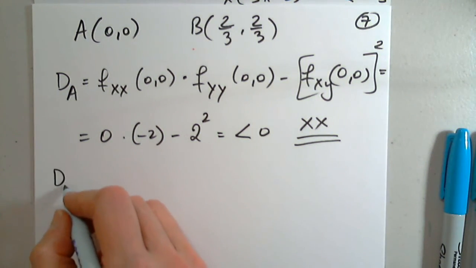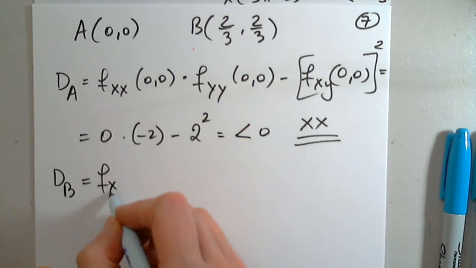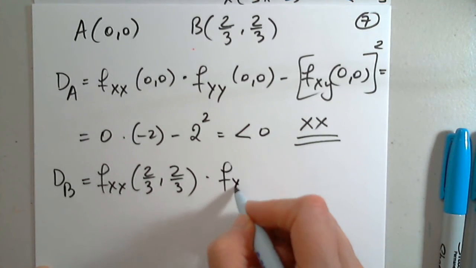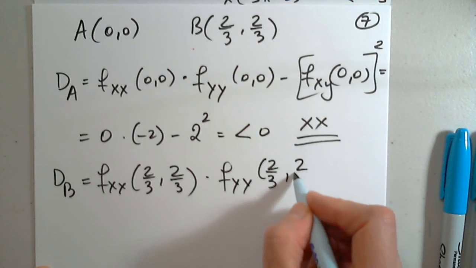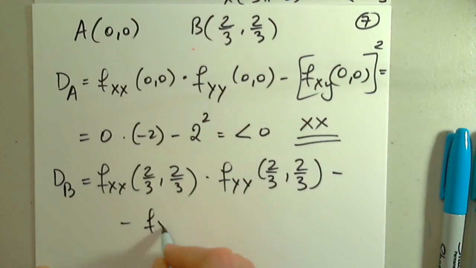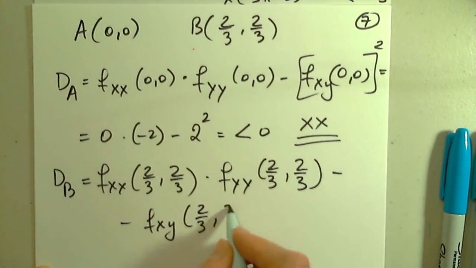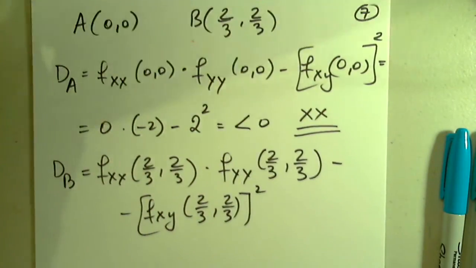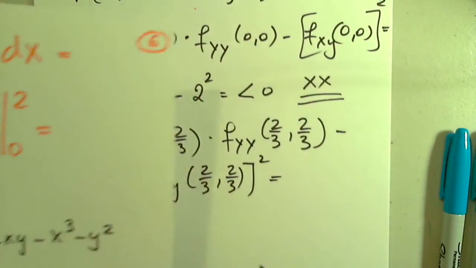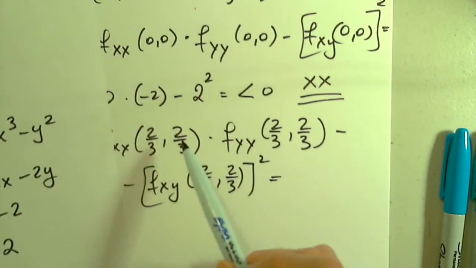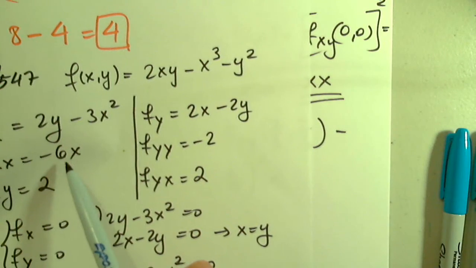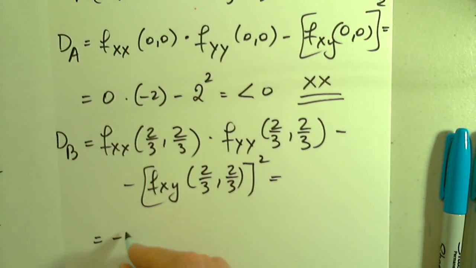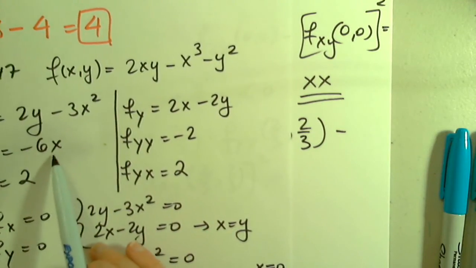So now D for B is fxx at (2/3, 2/3) times fyy at (2/3, 2/3) minus fxy at (2/3, 2/3), squared. fxx at (2/3, 2/3) will be negative 12 divided by 3, so it's negative 4, because I can only plug in x.